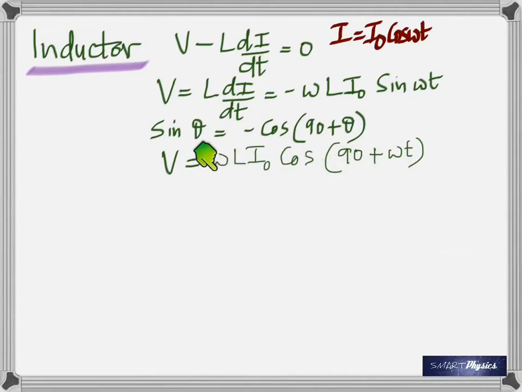Is it the voltage or the current? Voltage. Because in the voltage function, you have cos of 90 plus omega t. That's the most important thing. So whenever you apply an AC to an inductor, the voltage across the inductance is going to lead the current by 90 degrees or pi by 2 radians.